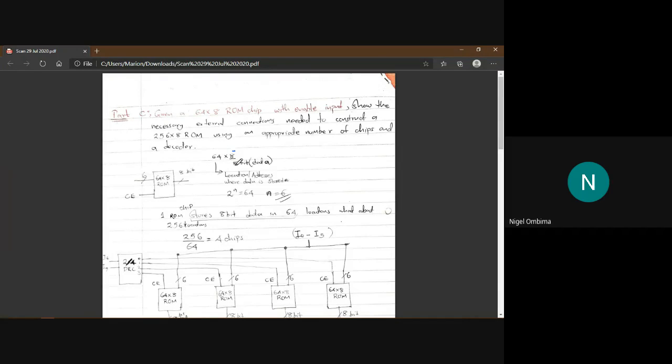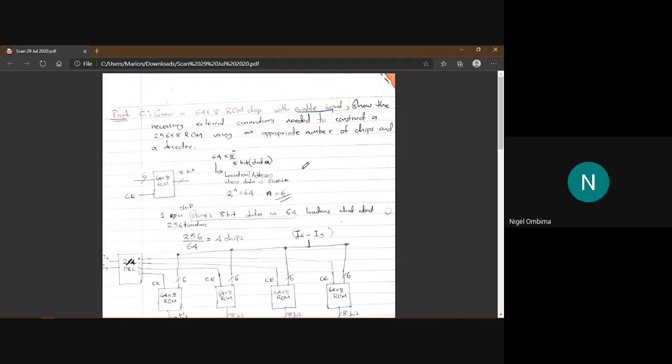Now the n will give you the number of inputs, which is now 6. So I drew my ROM over here, 64 by 8 ROM. The decoder is inside here now. Its output is 8-bit data, then the input is 6-bit, and it has an enable input hapa tumeambiwa.